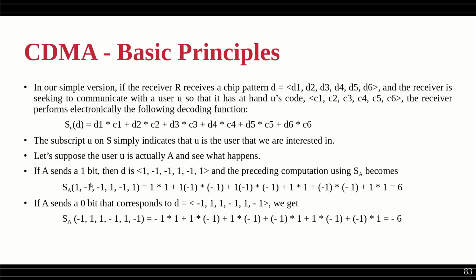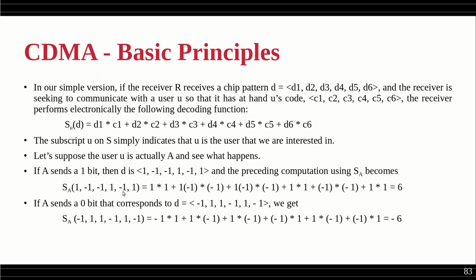So simply 1 into 1, minus 1 into minus 1. Sorry, there is a printing mistake here. This is just like 1 into 1, then minus 1 into minus 1. This one is something I forgot to delete. Minus 1 into minus 1, again minus 1 into minus 1, and 1 into 1, minus 1 into minus 1.